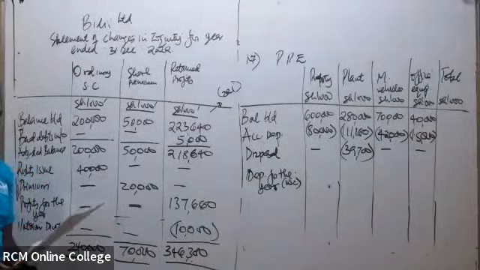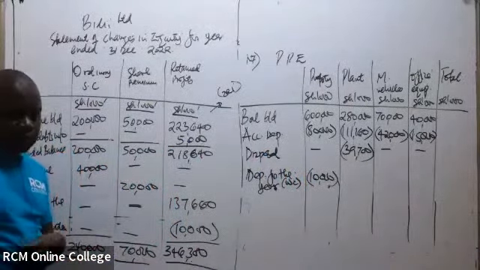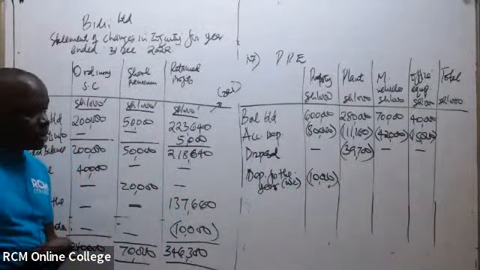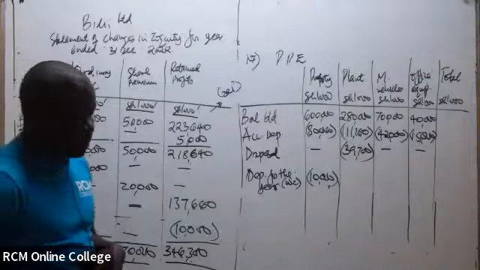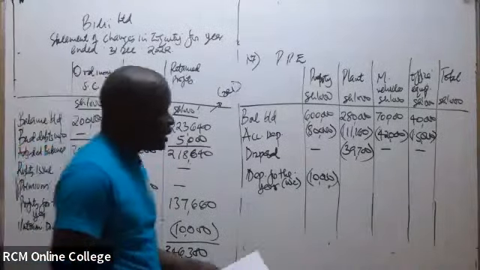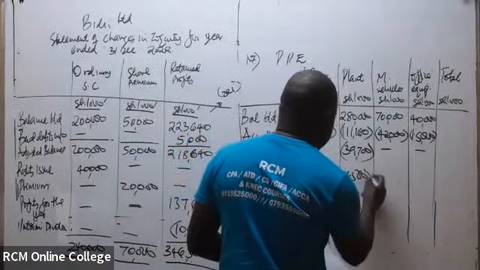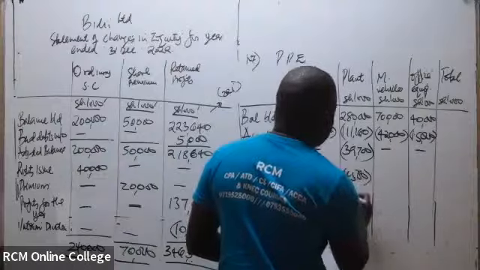What about plant? We were getting how much for plant? It was 14,500. What about for motor vehicles?